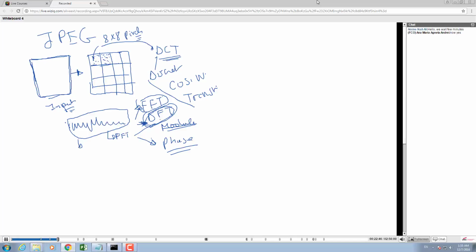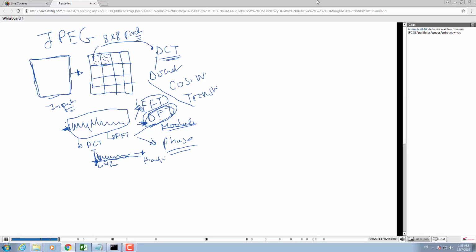It means if this is the input signal, when you use the DCT to transform it to the frequency representation, you will obtain another signal, where here we have low frequencies and here you will get high frequencies.